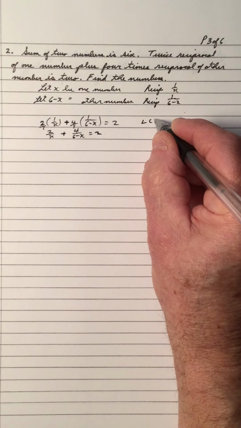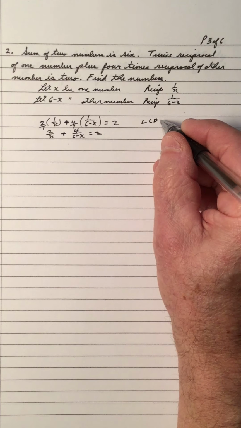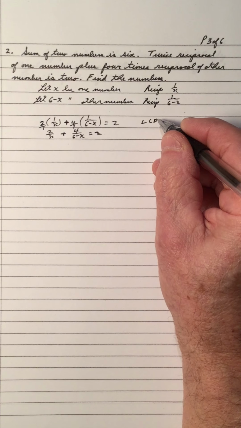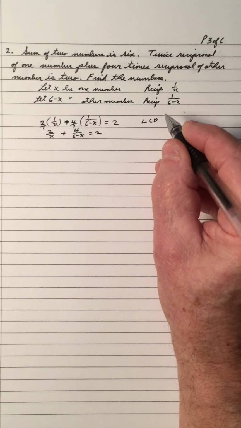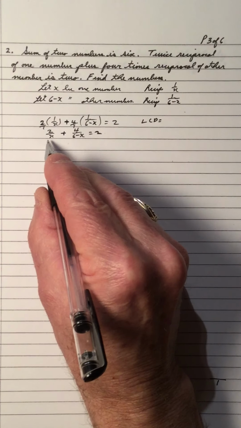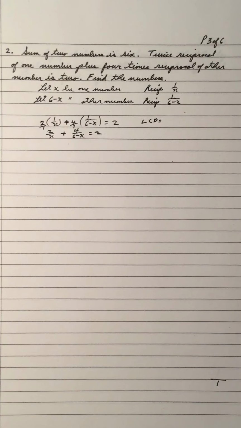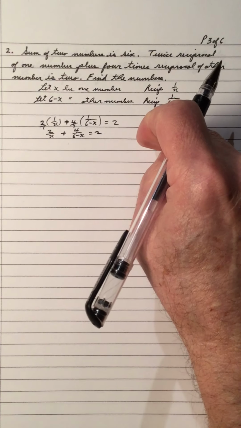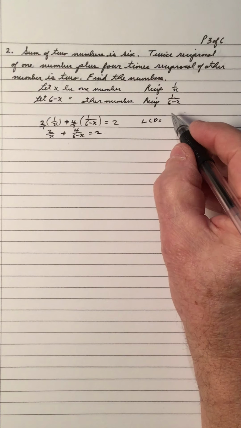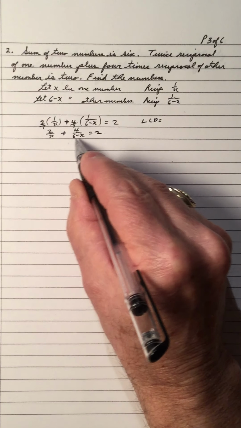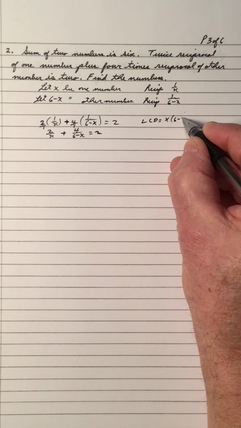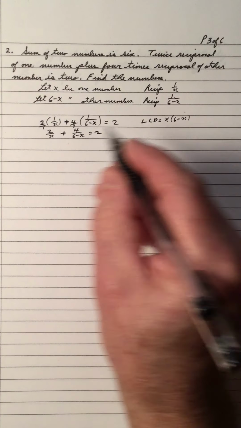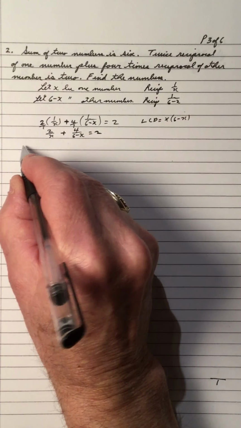Now, I always solve equations with fractions. There's a unit that's done on rational expressions, and in that unit, we're solving equations with fractions. So I find the LCD, and you need to go over that unit in Algebra 2 on rational expressions in order to find the LCD. Very important. So the LCD is the denominators, x times 6 minus x.